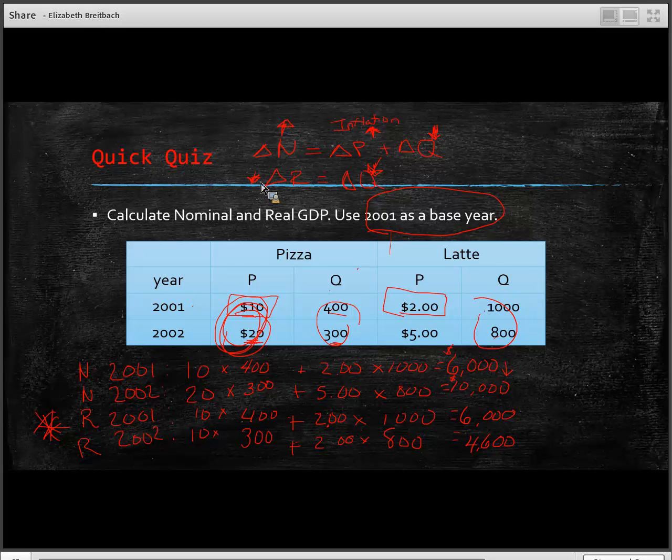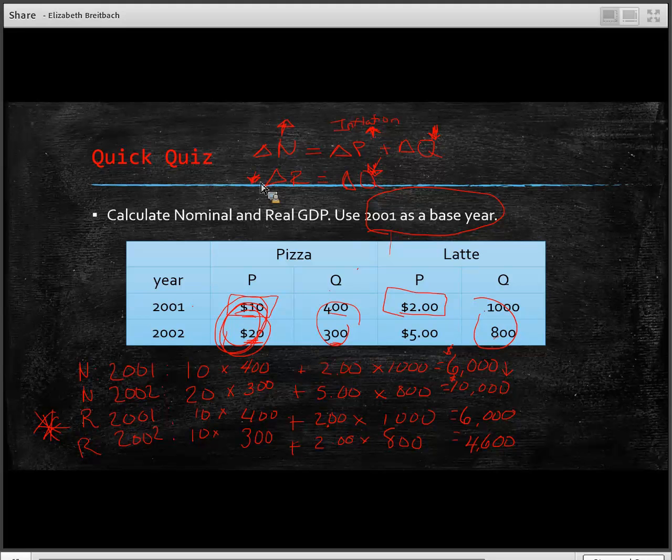Typically, the nominal GDP measure is going to be greater than real GDP, and this is true for the great majority of history within the United States. There could be a period of deflation that might cause our nominal GDP to actually be less than our real GDP. But again, that's very rare, especially in our current economic times.